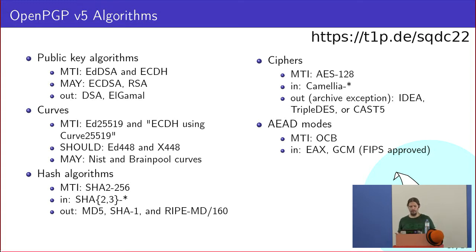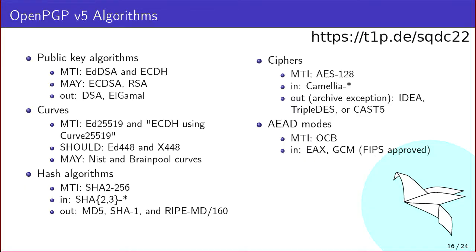Looking at curves, the only mandatory one is Ed25519 and OpenPGP's slightly weird adaptation of X25519. And you should also implement the slightly larger curves, Ed448 and X448. And you may implement the NIST curves and the Brainpool curves.